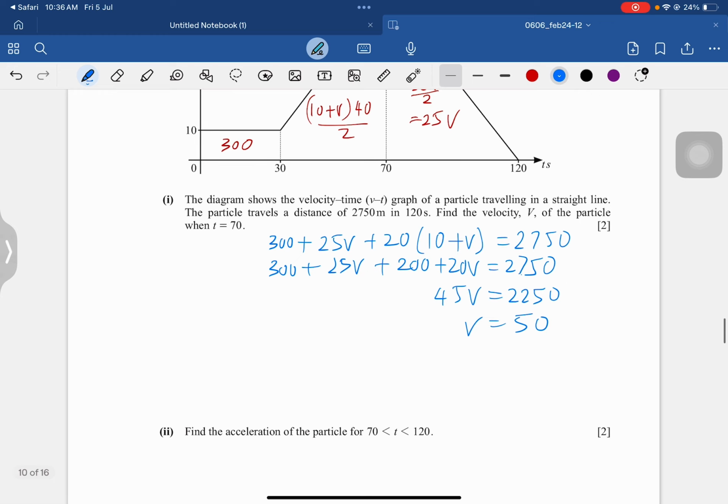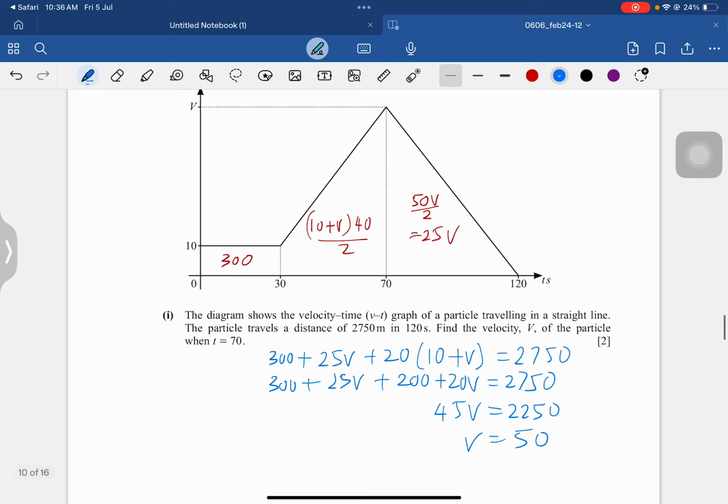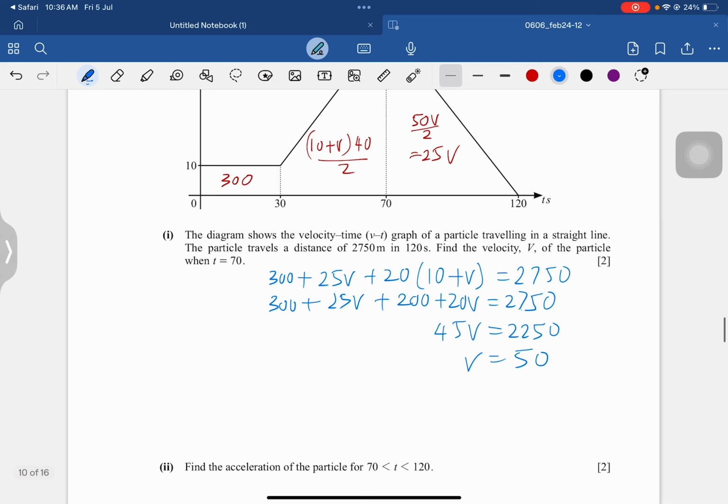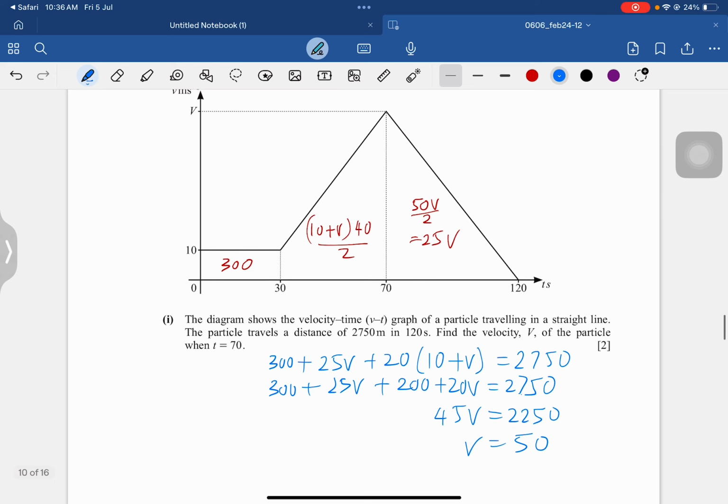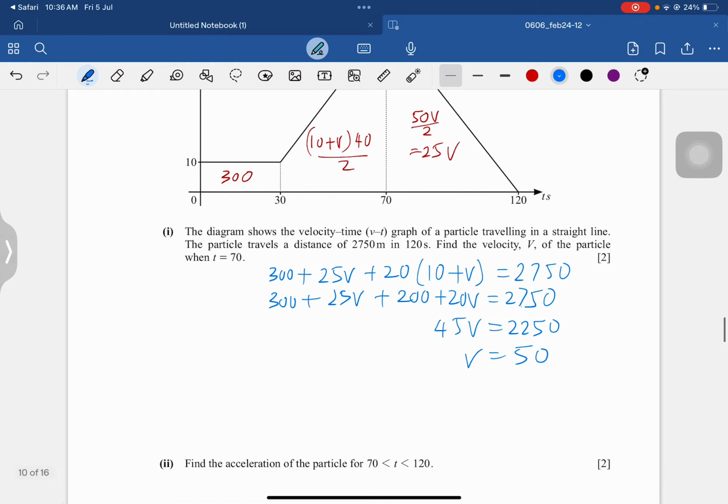Find the acceleration of the particle from 70 to 120. Okay. Although they mentioned acceleration, from the graph itself, it's a deceleration, so we expect having a negative sign.